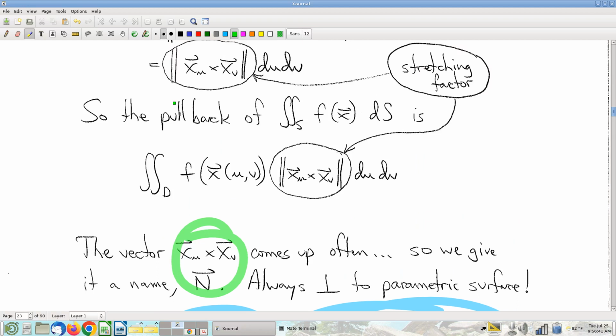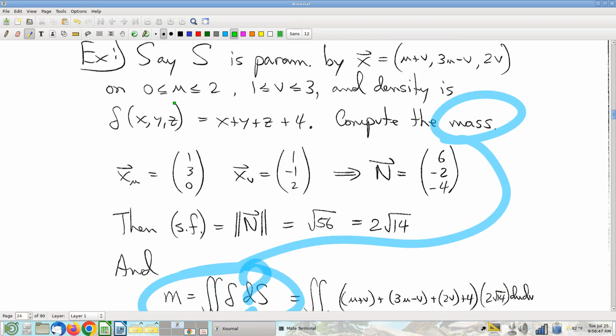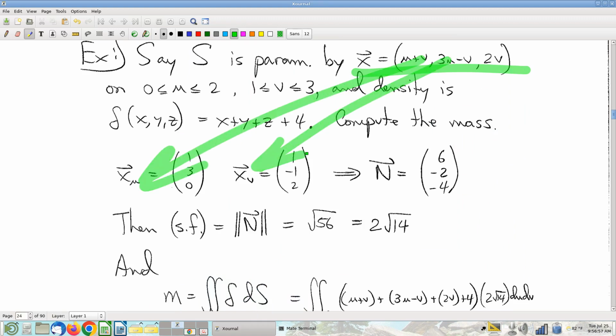My parameterization, normally I would have to figure out how to create that as well. But again, here, lucky break, pre-parameterized surface, and so I have my parameterization given. So, take the partials per the formula. We take the cross product of those partials.